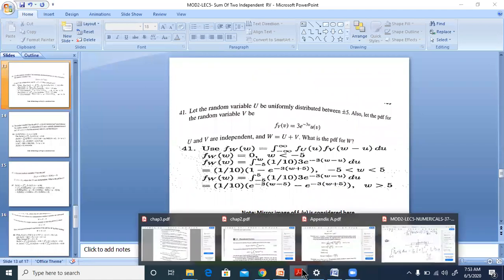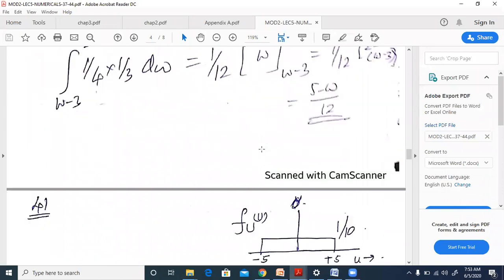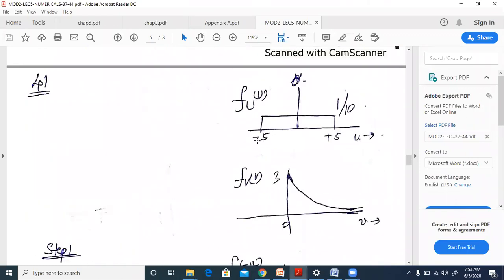So let us see the solution for that from first principles. Here f_U(u) is uniformly distributed from minus 5 to 5, so the duration is 10 and the magnitude should be equal to 1 by 10, so that the area under the curve of the PDF is equal to 1.